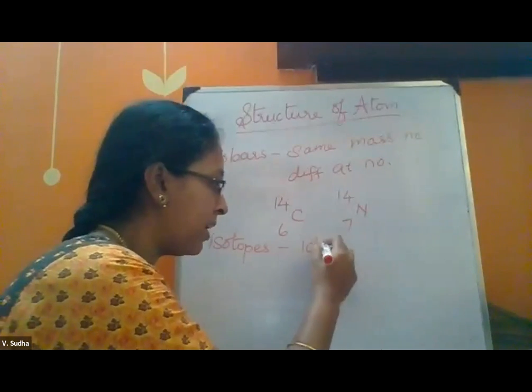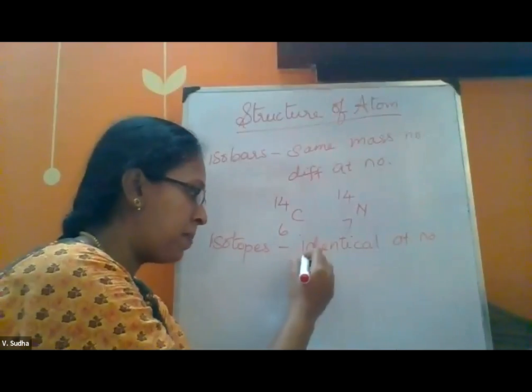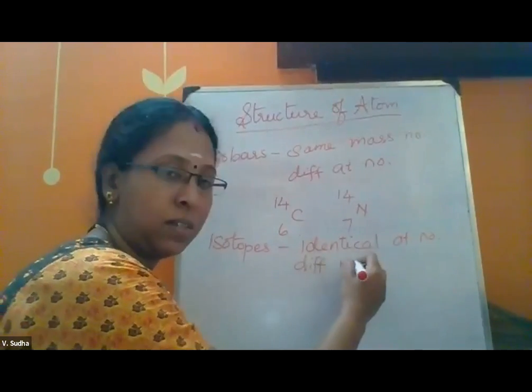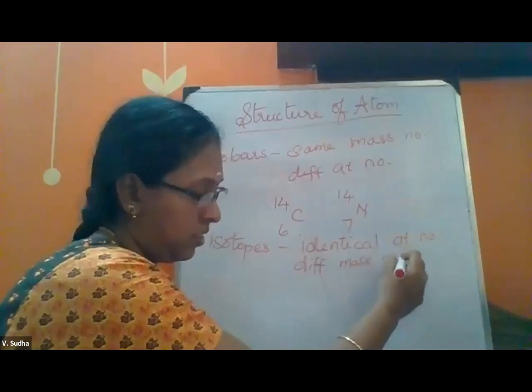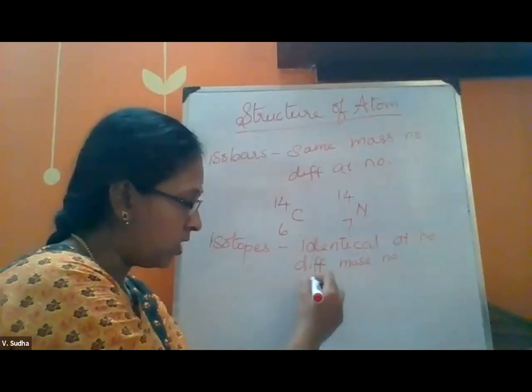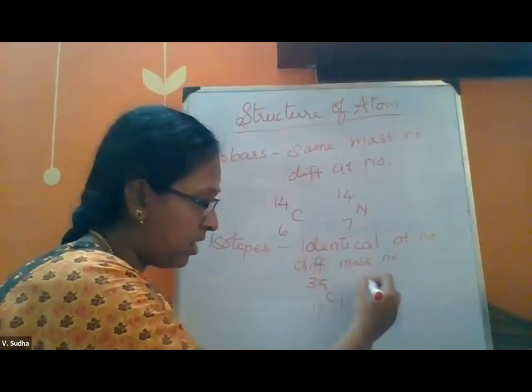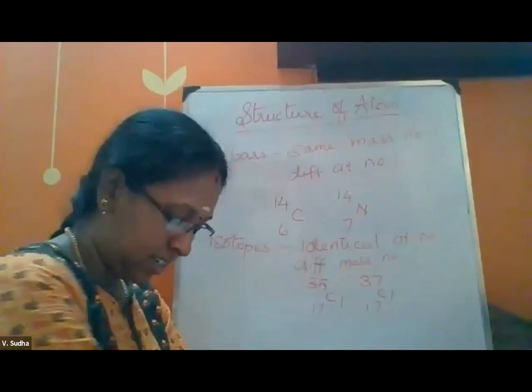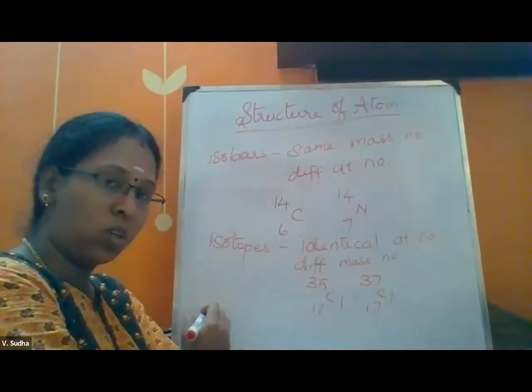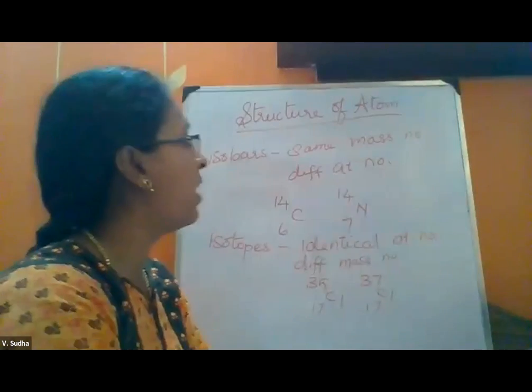Example, chlorine-35 and chlorine-37, both with atomic number 17. Next one is isotones.